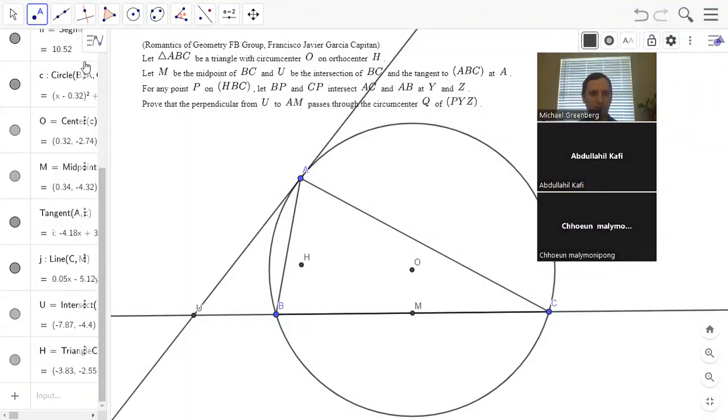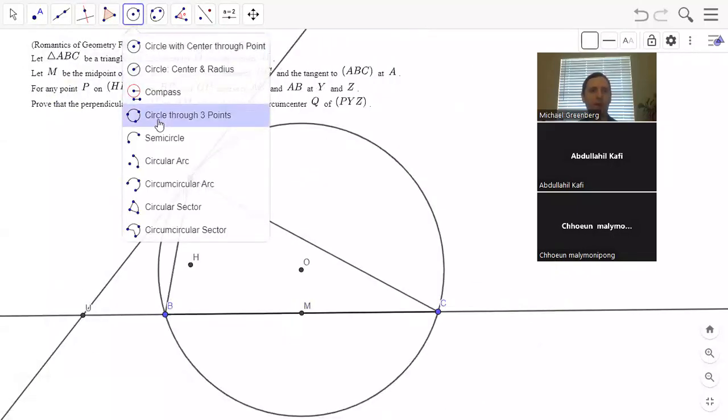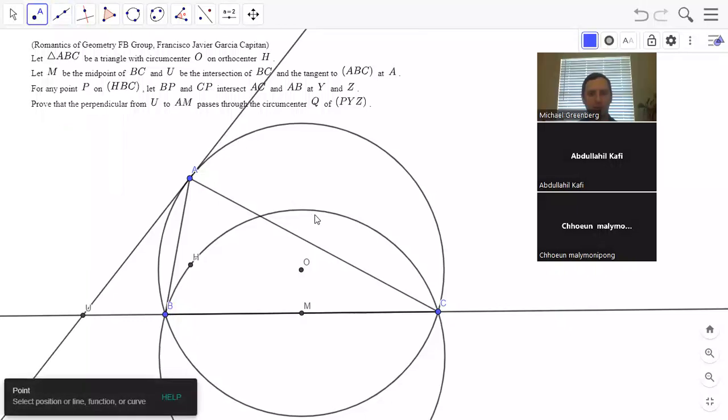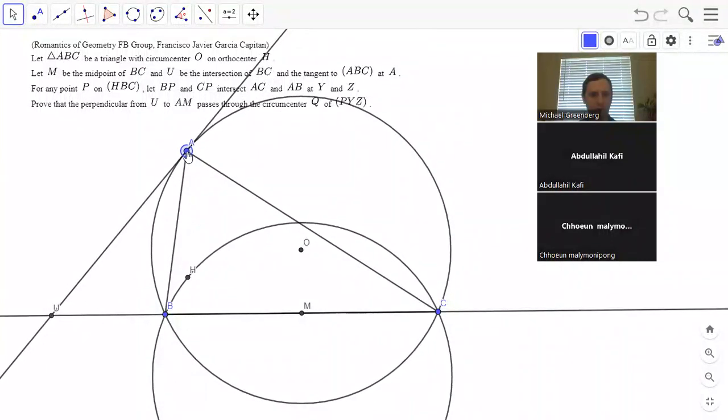And we draw the circumcircle BHC. And that is the reflection of the circumcircle of ABC over BC. So that's kind of well known. We pick a point P on it. What if I make this point P right there?